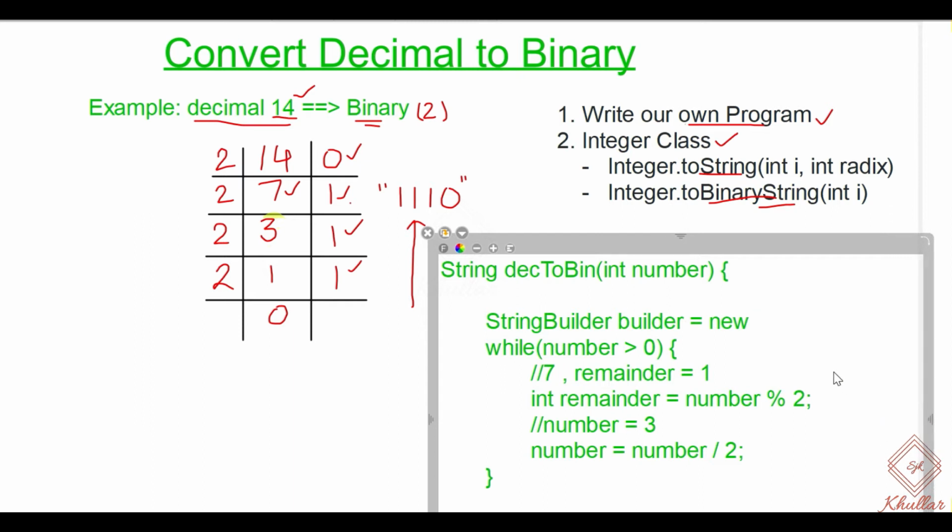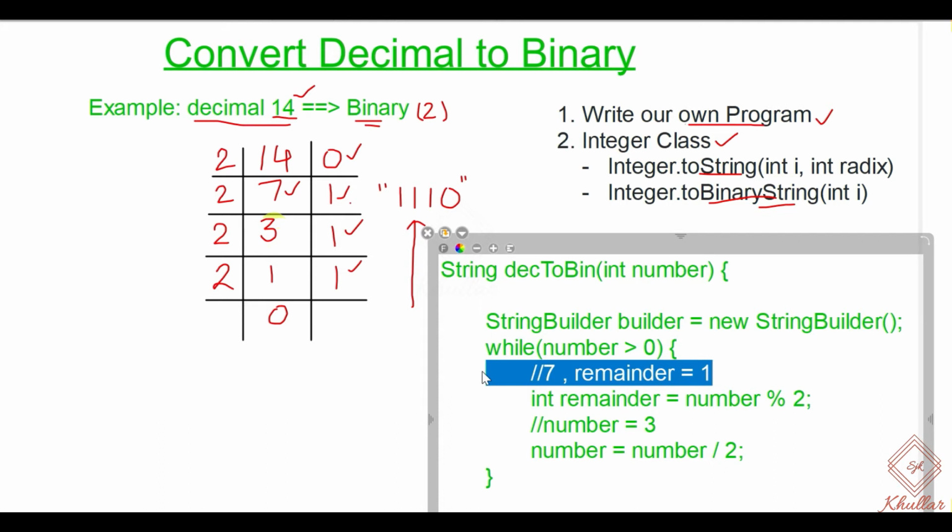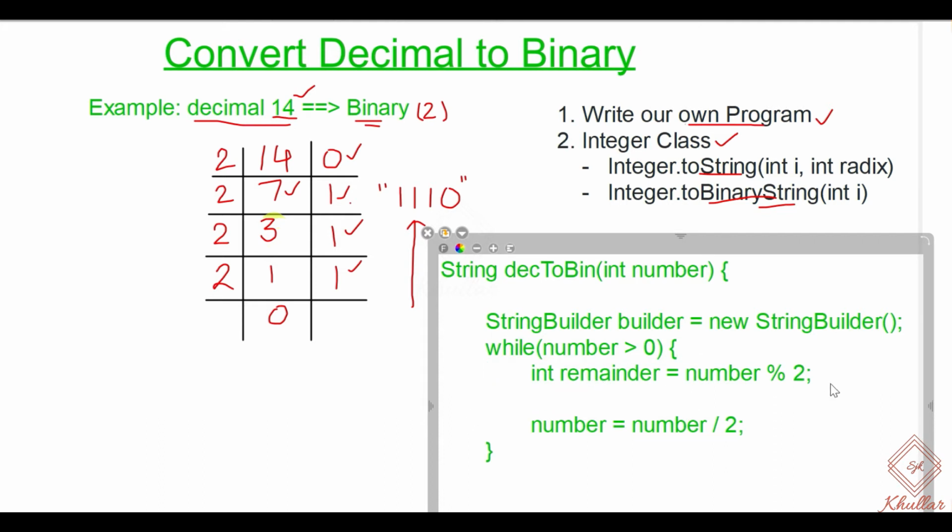So let's say new StringBuilder, semicolon. Now we'll perform the dry run once more. In the builder we keep on adding our remainder so that we get our binary string back.